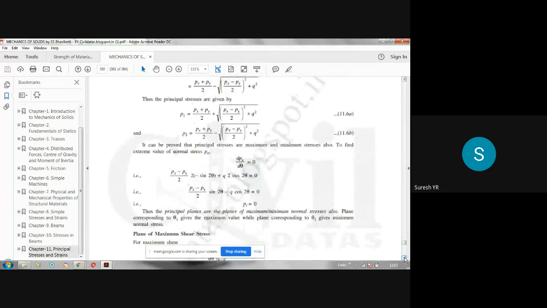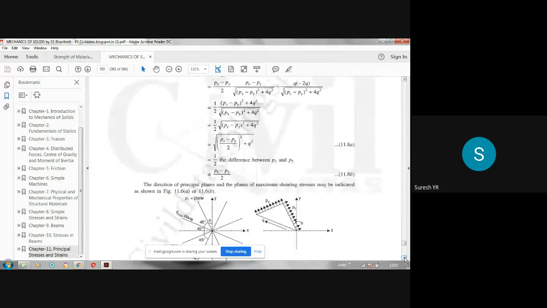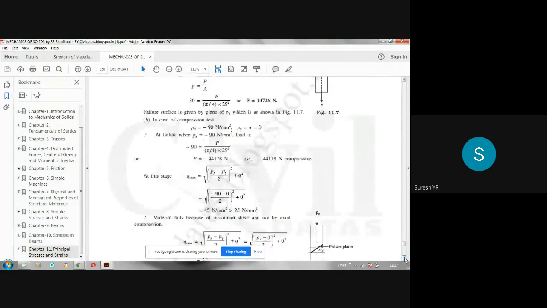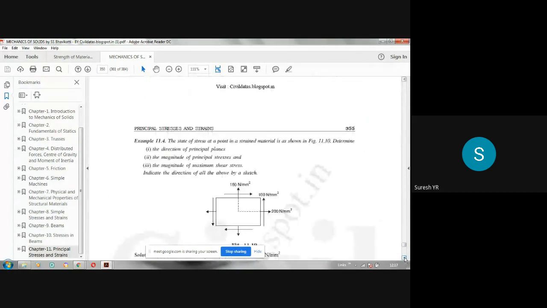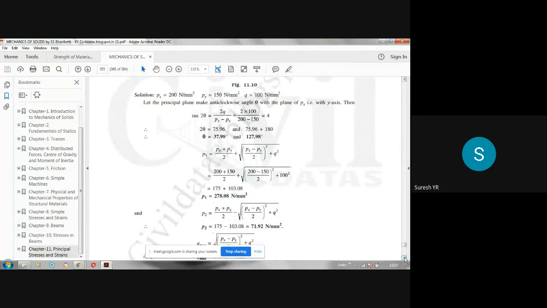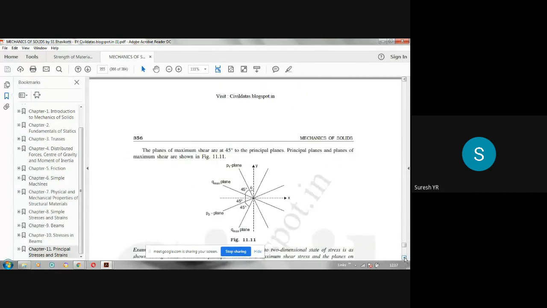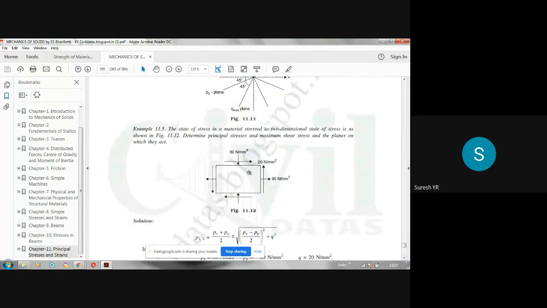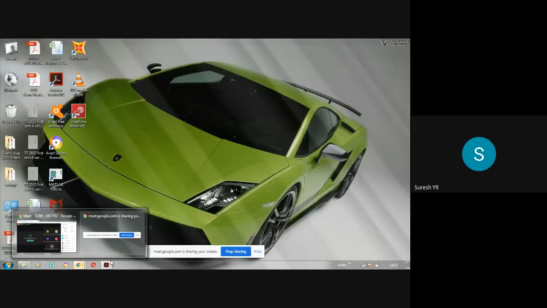Sigma x is equal to 80 Newton per mm square. Sigma y is equal to minus 60 Newton per mm square. Tau is equal to 20 Newton per mm square. Yes. Now let us draw the Mohr circle.